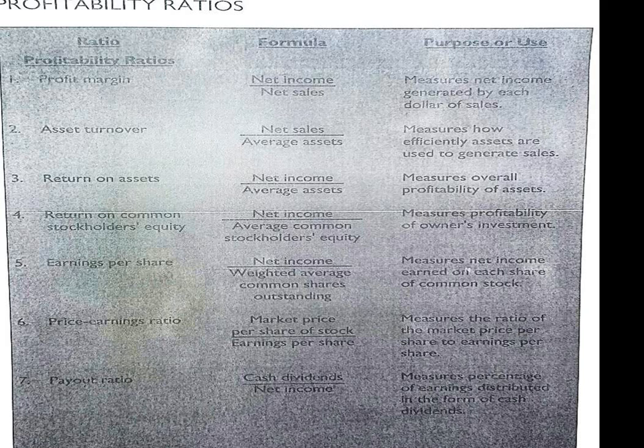It gives me the average assets. Then we have net sales over average assets. This ratio measures how efficiently assets are used to generate sales.